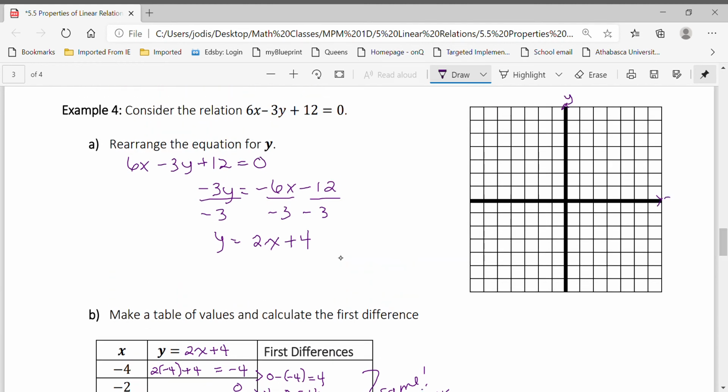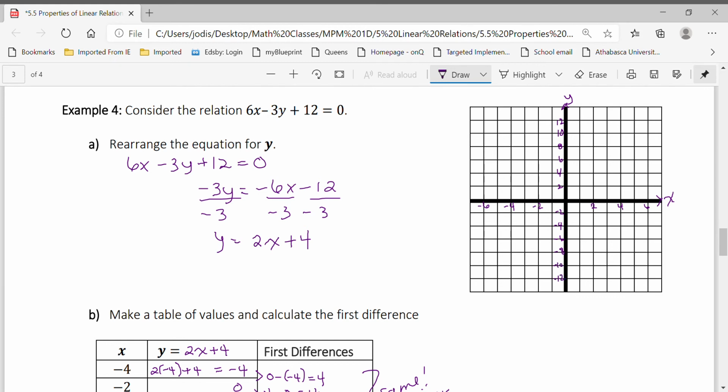Y and x. 2, 4, 6, -2, -4, -6. 2, 4, 6, 8, 10, 12, -2, -4, -6, -8, -10, -12.